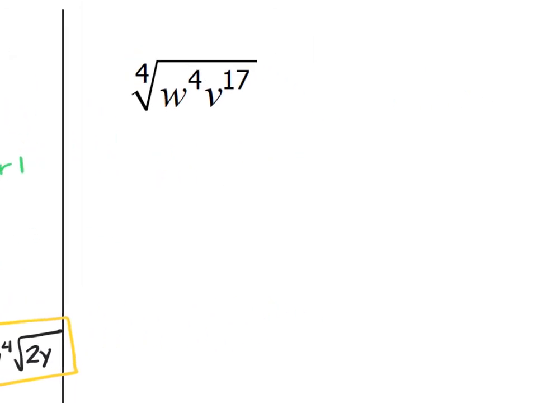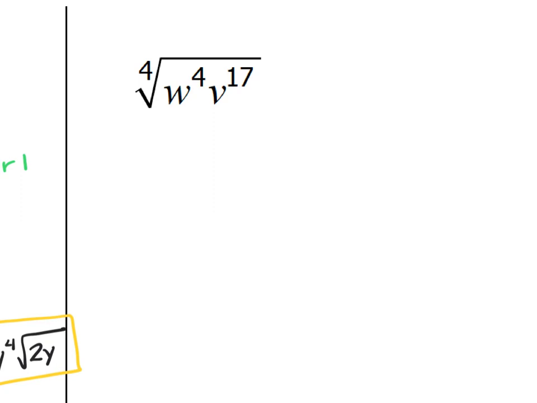Now let's look at the last one. On this one, we don't have any actual numbers, so we're just going to follow the procedure for the variables. We're still going to keep our index the same. So for w, 4 divided by 4 is 1 remainder 0.